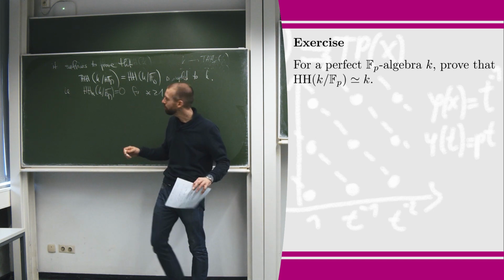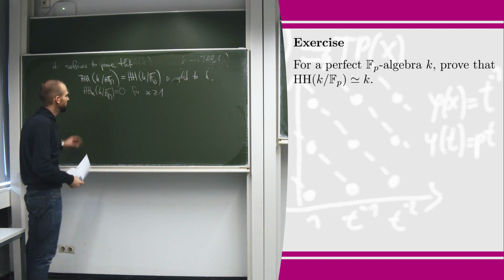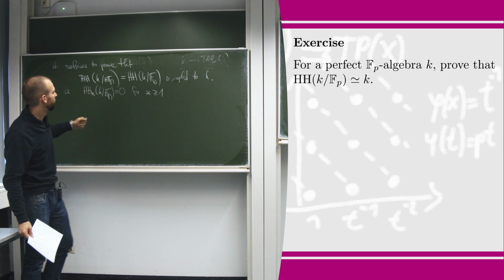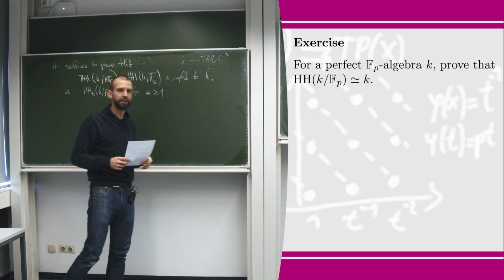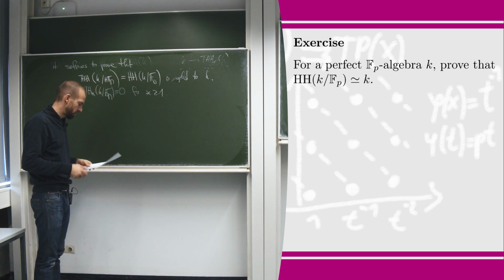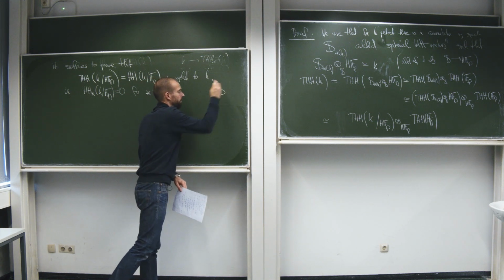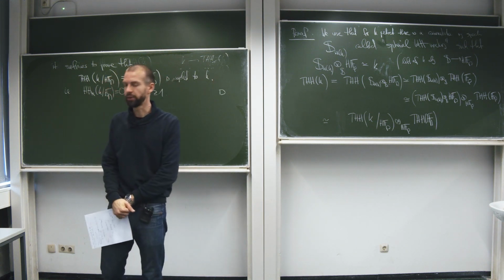I don't want to say much more, but think about how the HKR filtration arises and how the cotangent complex helps me say something about that. Okay, and then this finishes the proof of Bökstedt periodicity for perfect rings.